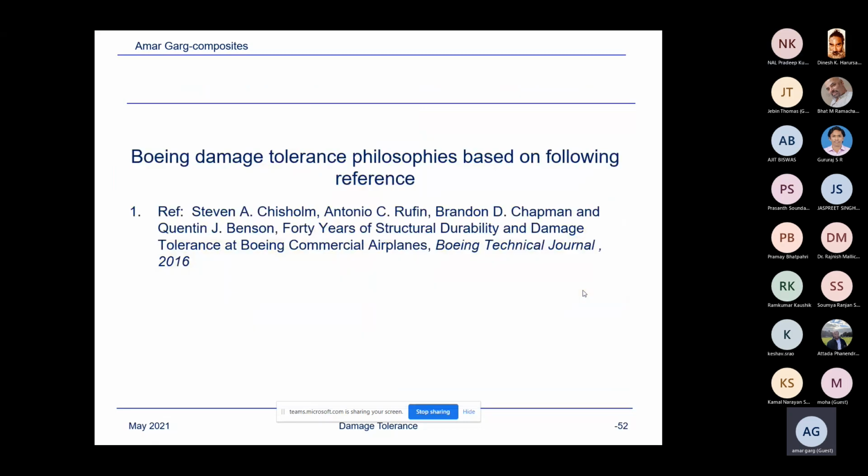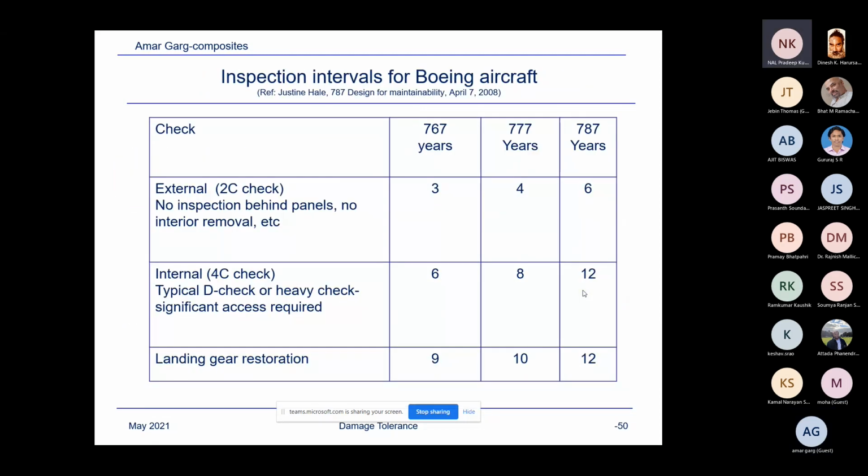Sir, how many flight hours in 12 years? Is 12 years the life, sir? Well, it depends upon whether it's a short flight version or a long flight version. For the 787, if it's a short mission, it's about 44,000 flights.